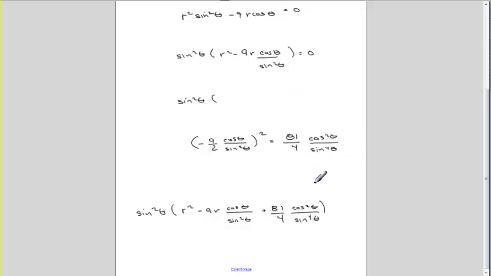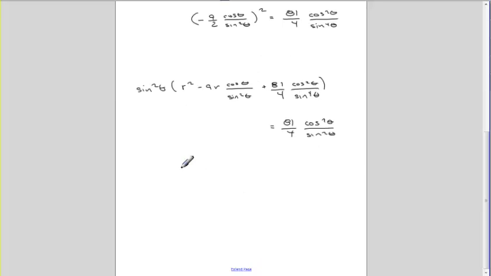But what we have to do is multiply this, and then we're going to add it to both sides. So you have sine squared, and you cancel that out with 1 sine squared, so you'd end up with 81/4 cosine squared theta divided by sine squared theta.